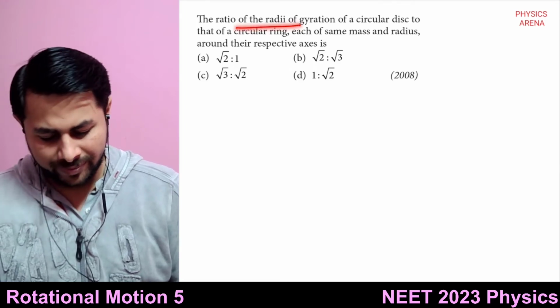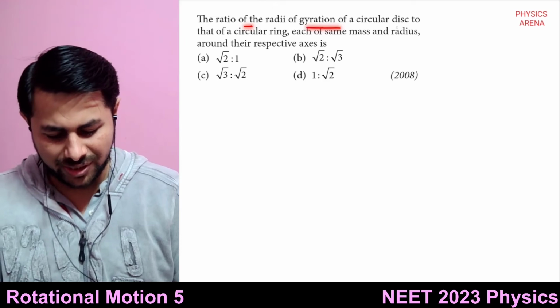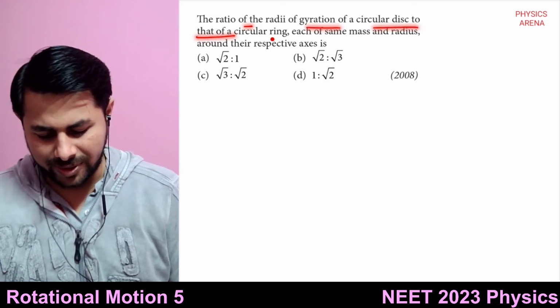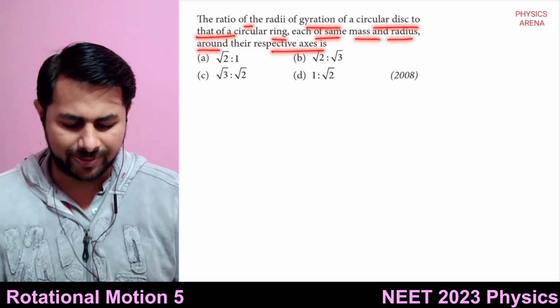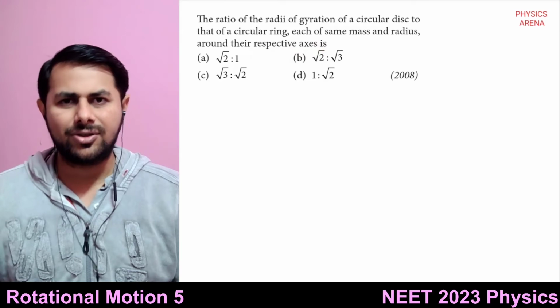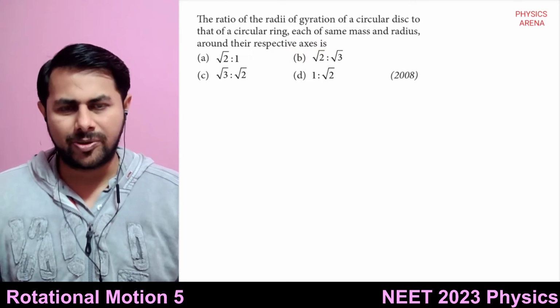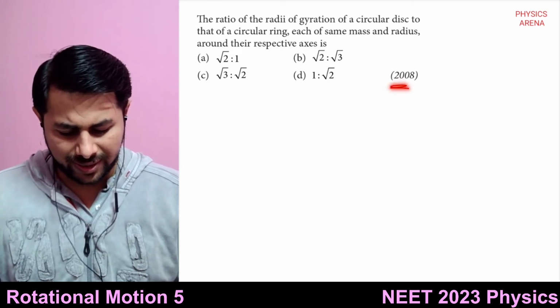The ratio of the radii of gyration of a circular disk to that of a circular ring, each of small mass and radius, around their respective axis. When they say respective axis, it's always the natural axis, that means the perpendicular axis which passes through the center of mass. So we have solved this, right?